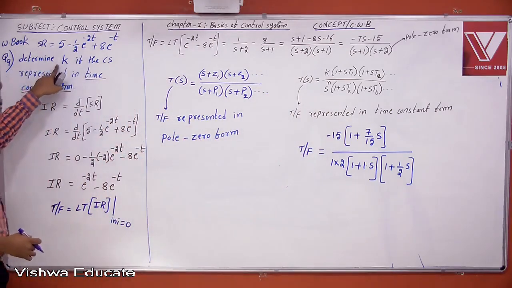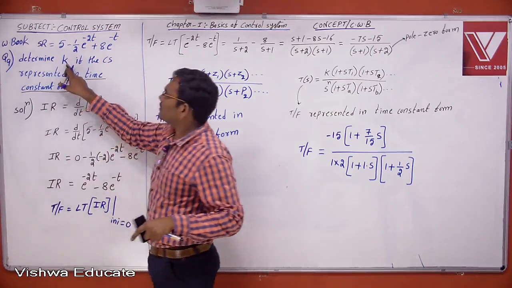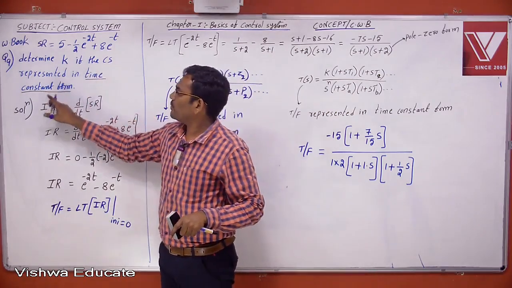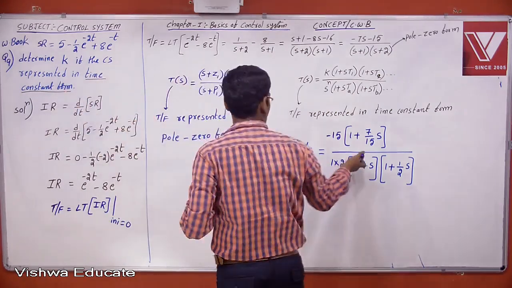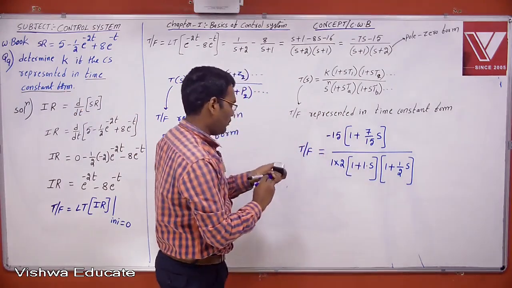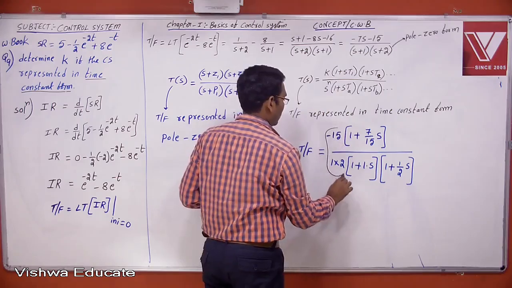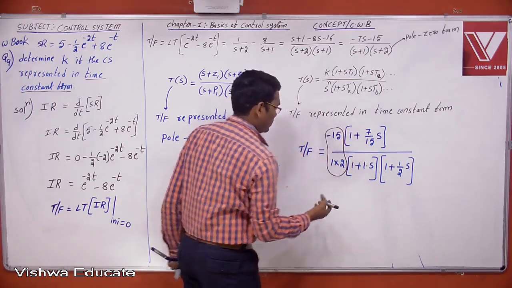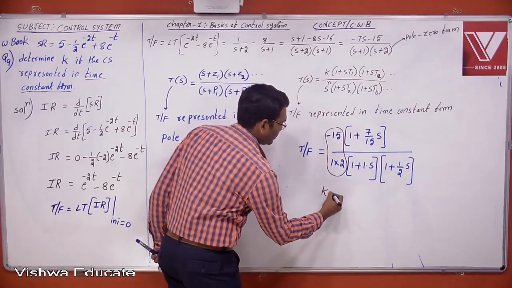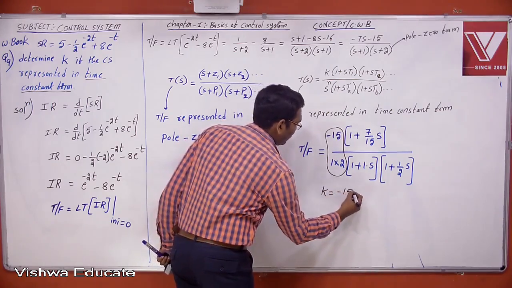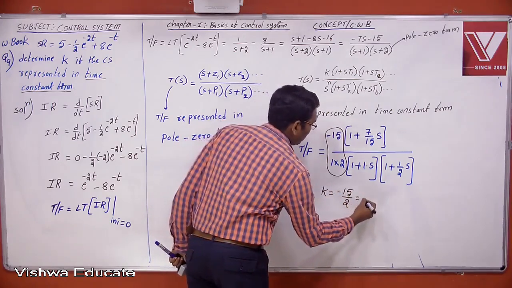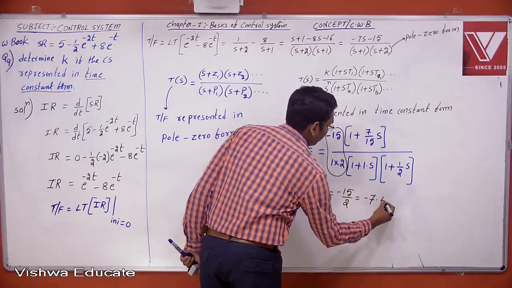How much? This is the system gain k, which is nothing but minus 15 by 2, which is equal to minus 7.5.